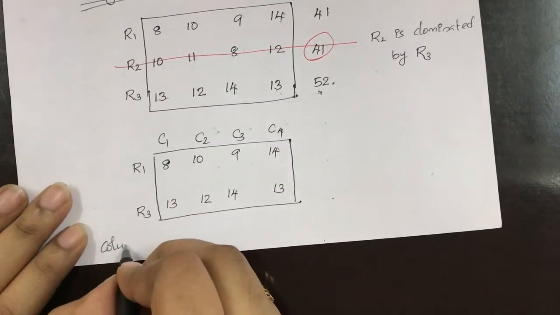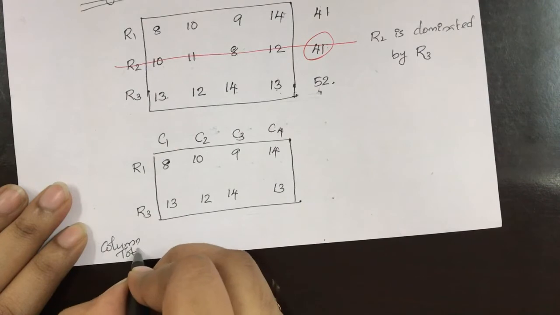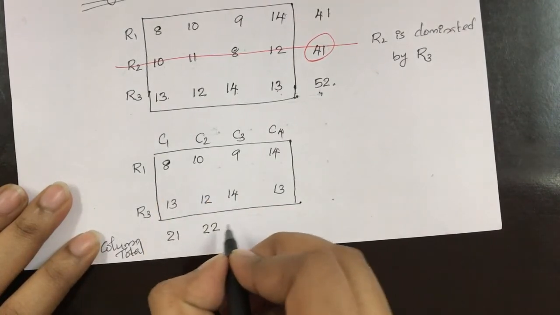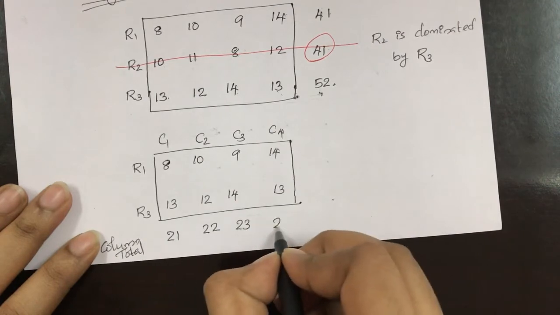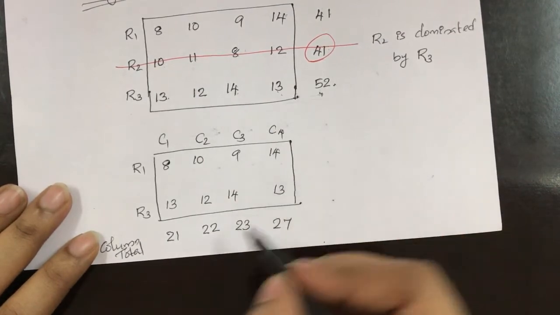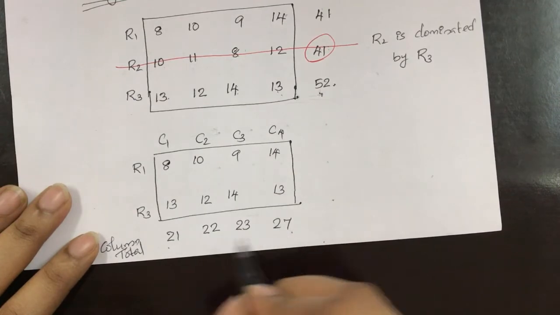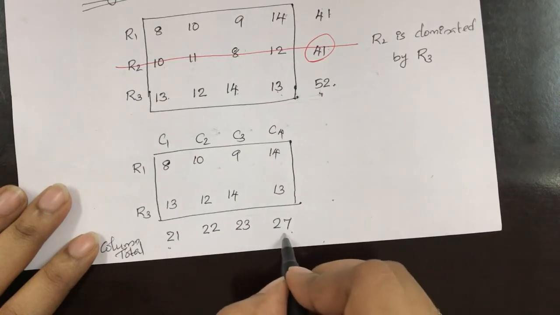Column total: 21, 22, 23 and 27. Here we need to choose the lowest and compare it with the highest total. So I am going to compare C1 with C4.